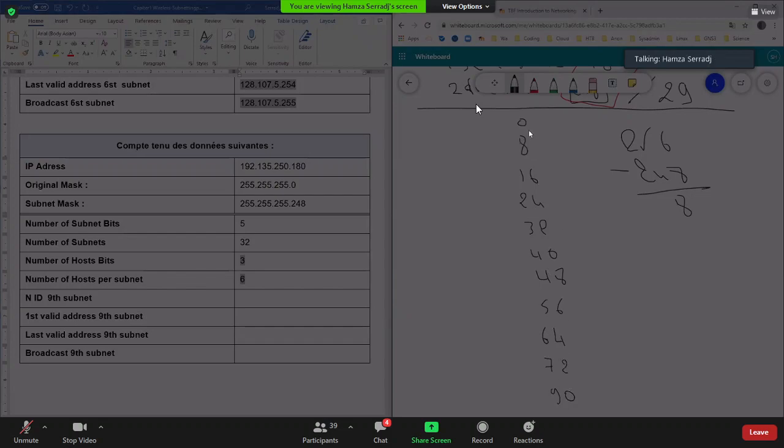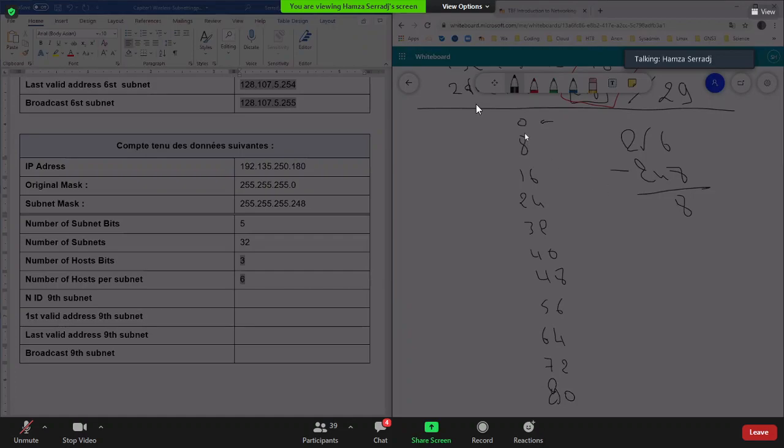Now, if I'm looking for subnet 9, I know that I start with 0. So this is subnet 0, subnet 1, subnet 2, subnet 3, subnet 4, 5, 6, 7, 8, 9. I'm just showing you that we can do it faster. We don't need to increment one by one like this.